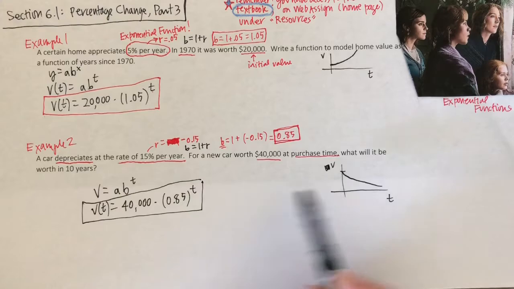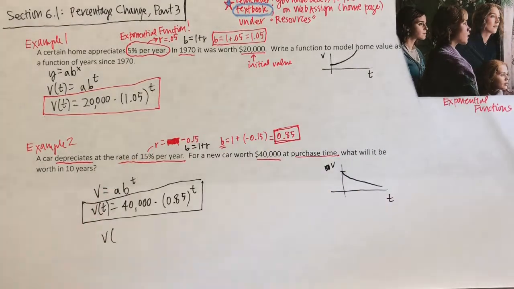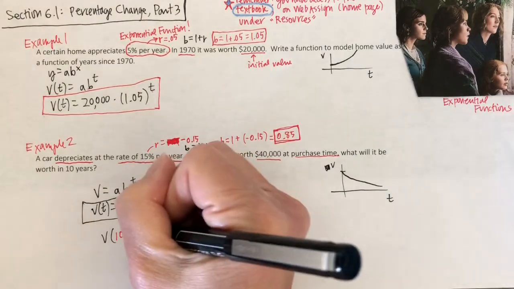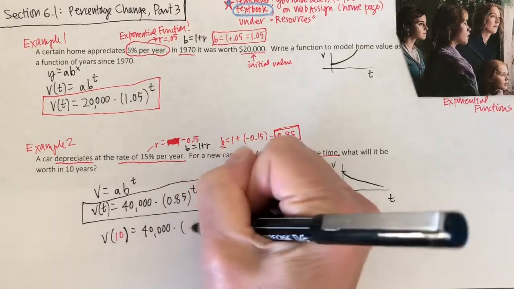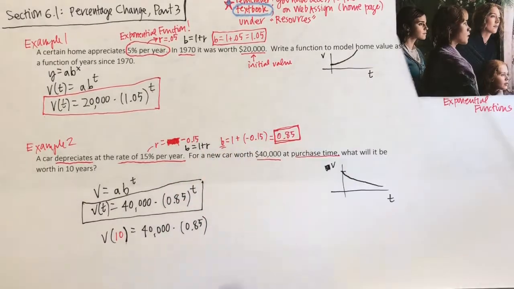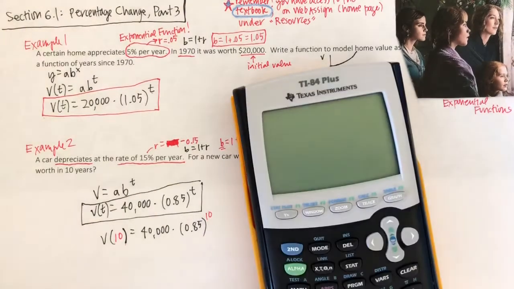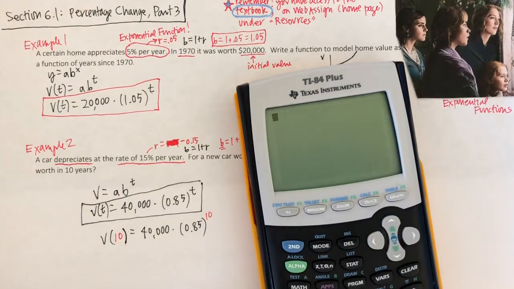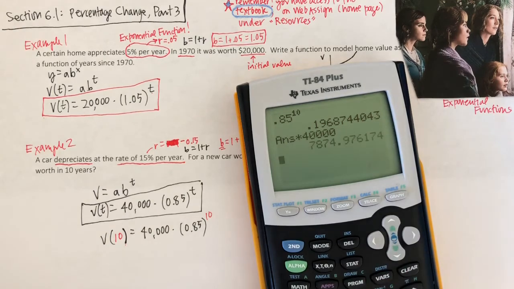And they ask us to find out what it's going to be worth in 10 years. So V of 10 equals 40,000 times 0.85 to the t power. So if you figure that out real quick, 0.85 to the 10th times 40,000.